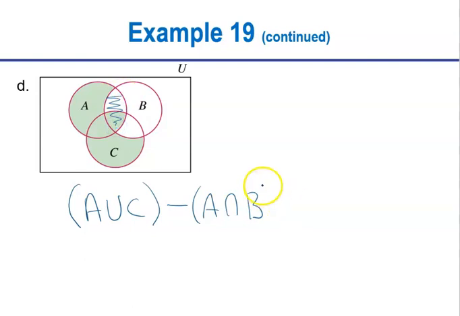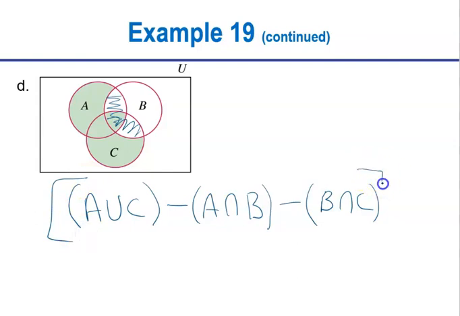And I'm going to remove B intersection C, that's this part right here. But notice I removed too much, so I'm going to highlight this very middle part a different color. I've got to add back this part right here, right?